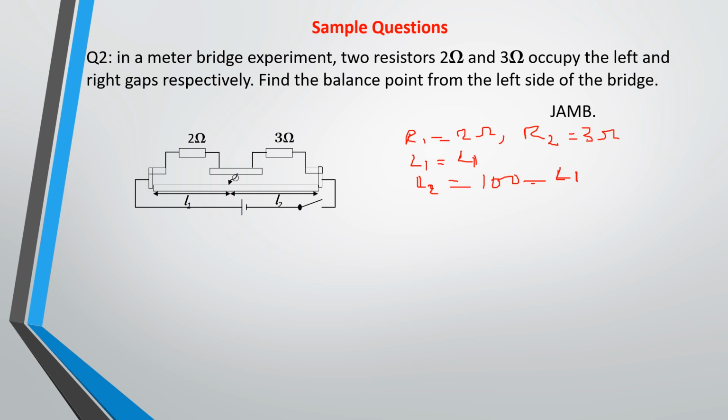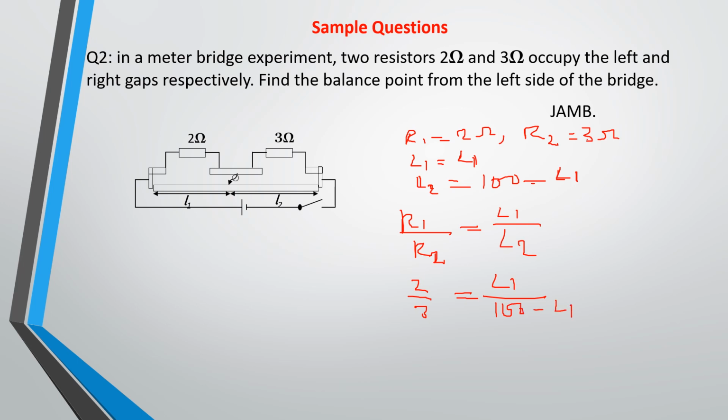Okay, so now we can substitute this into your equation: R1 over R2 is equal to L1 over L2. Don't forget that what you are looking for is L1. So substituting into this equation, you will now have 2 over 3 is equal to L1 over 100 minus L1.